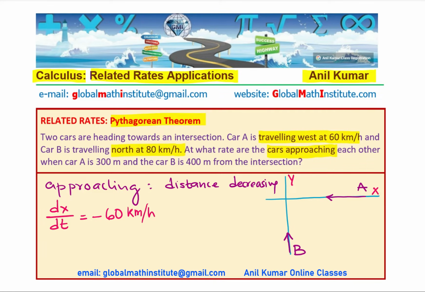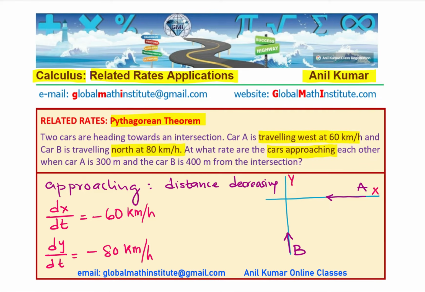You get the idea? They are approaching, distance x is decreasing. And for B also, the change in y, let's say, is also negative since this distance is also decreasing with time. So that will be minus 80 kilometers per hour. Do you see how we have given positive and negative sign to our derivative, which represents change in position or the velocity or speed, right?